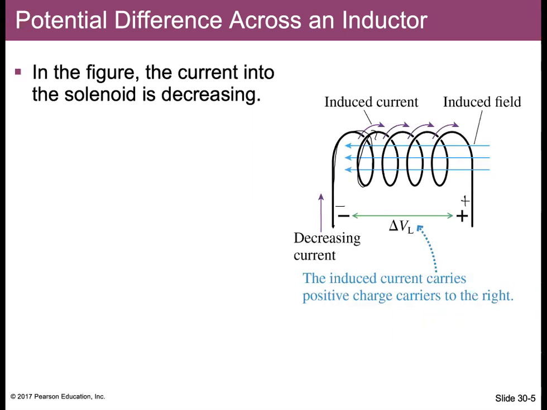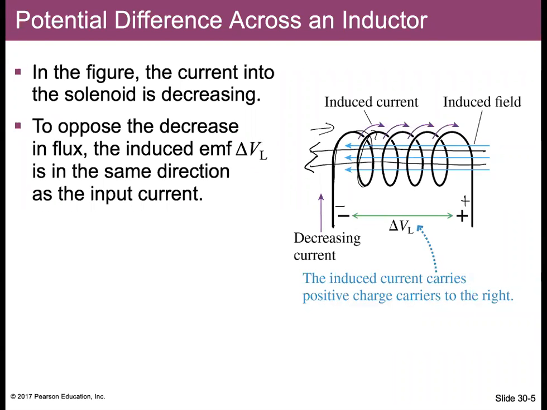And so this current, again, will give us a magnetic field that is going to the left. But this time, that magnetic field is now decreasing. So the magnetic flux is decreasing.